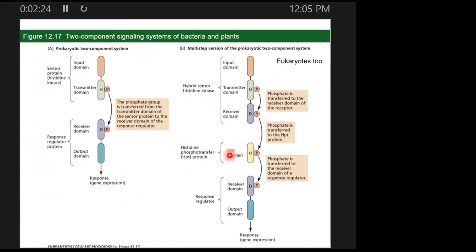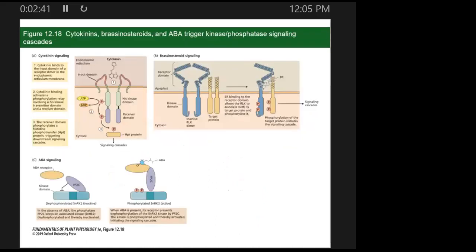I'm not going to ask you to memorize the nitty-gritty of this. It's more that you understand it's taking the basic two-component system, and then plants have evolved other mechanisms like a middle protein involved in the phosphate transfer. And then the next several slides look very busy, but there are some big picture key things I want you to get from it, and the rest we won't have time to focus on.